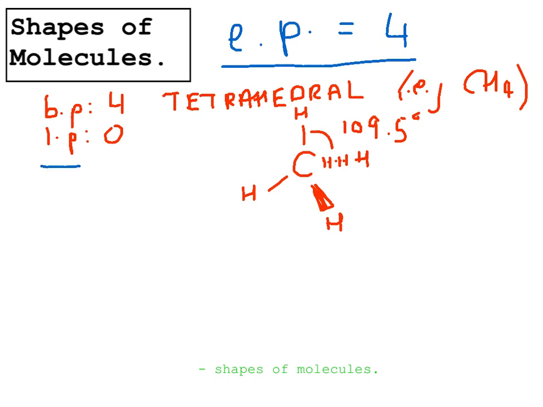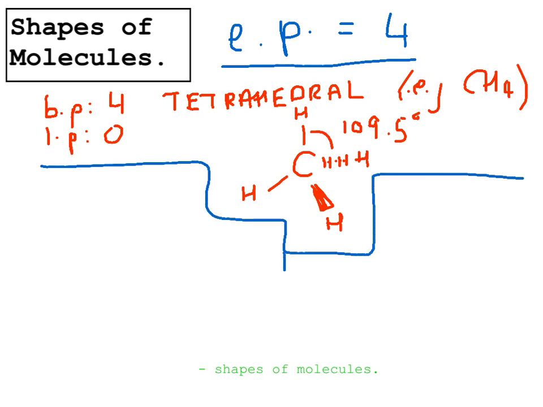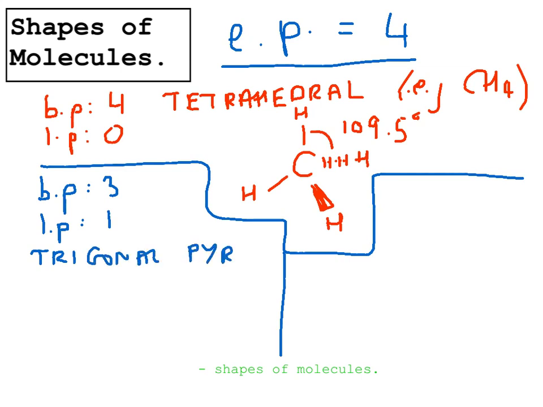The second shape you may come across is still 4 electron pairs, but this time you may have 3 bonding pairs and 1 lone pair. And an example of this would be NH3, and that shape has the name trigonal pyramid, because again it has 3 bonds, but this time it's not flat, it's 3D, it's in a pyramid shape.